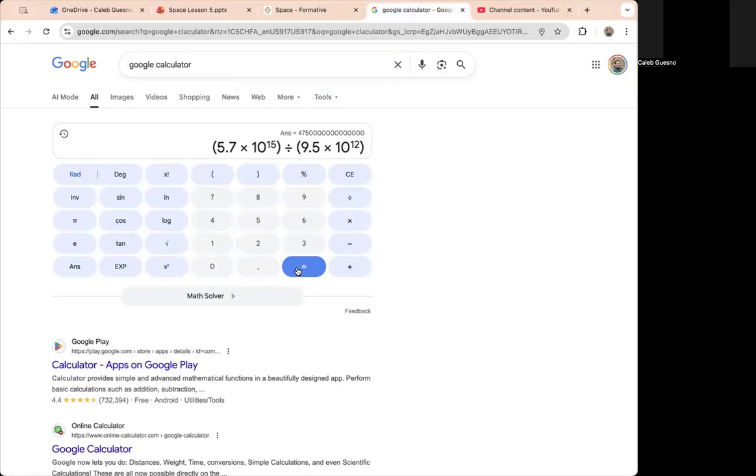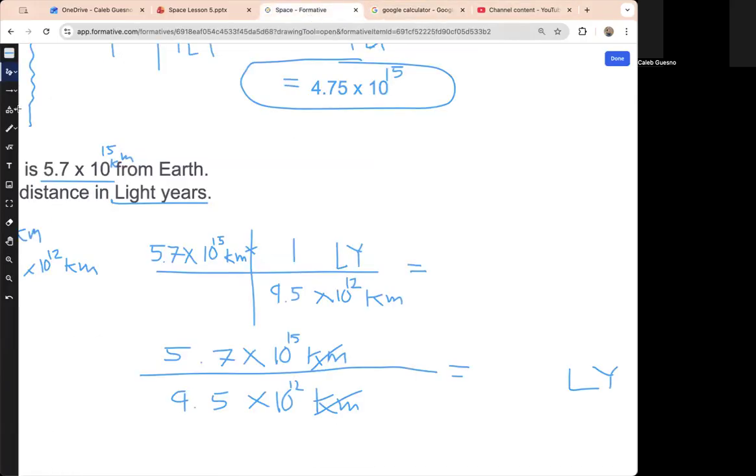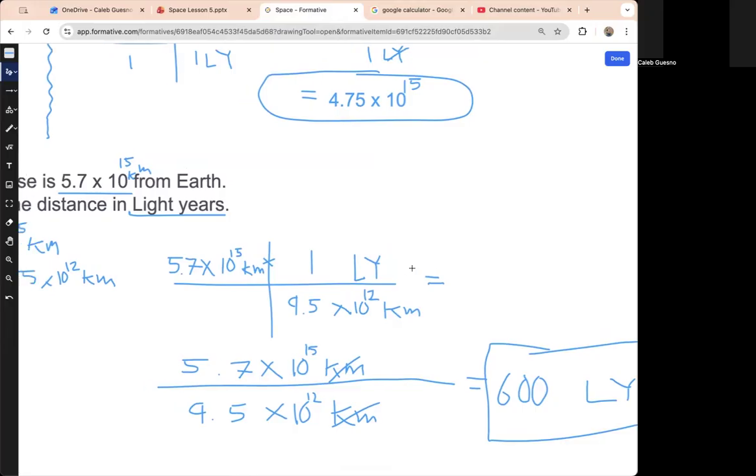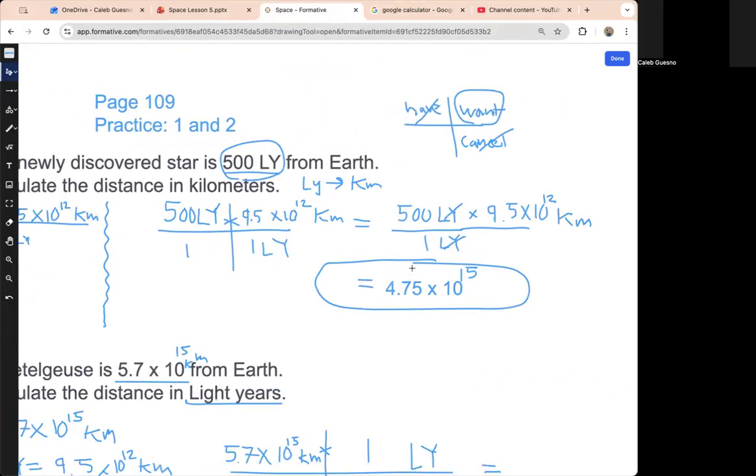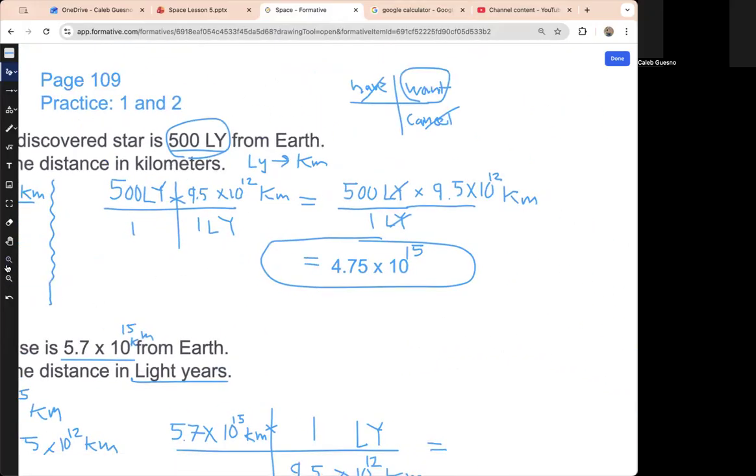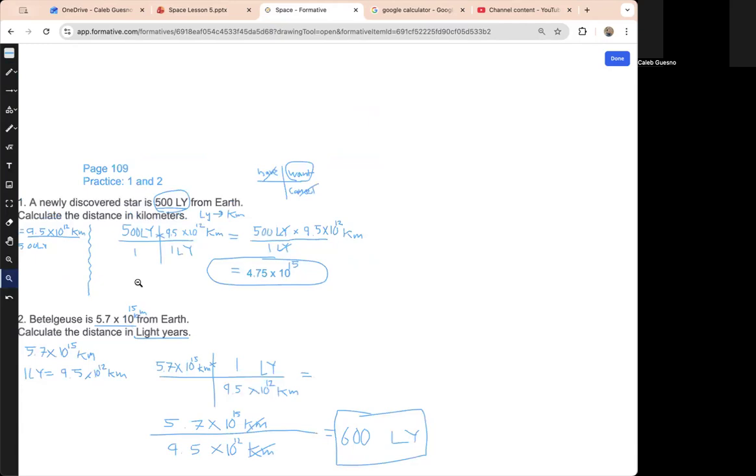And this is going to give us our answer, 600 light years. 600 light years. And that's it. We've solved both of these problems. We just try to zoom out so you can see. And there you go.